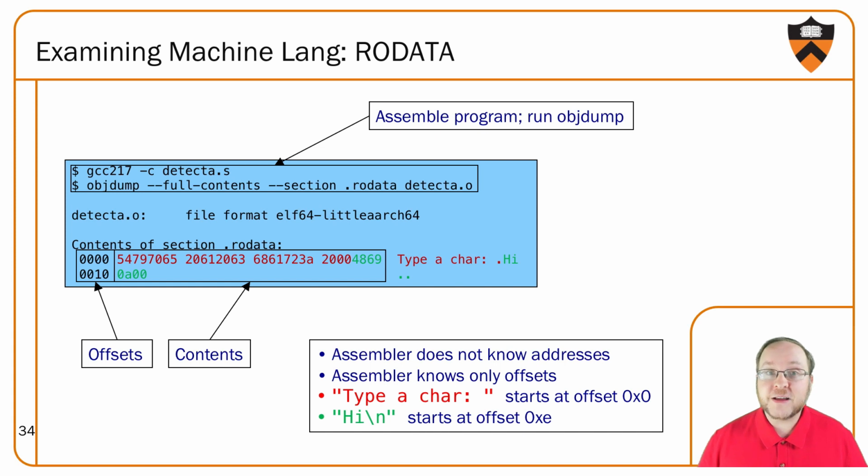The assembler has enough information to know right now the type char is the first string in the RODATA section that it knows about, so let's call that offset 0 for now. Hi is the second string, it comes right after it, and since the prompt string has 14 characters, remembering the null byte, hi can start at offset 14, which is hex E.